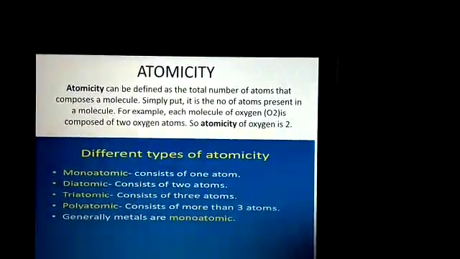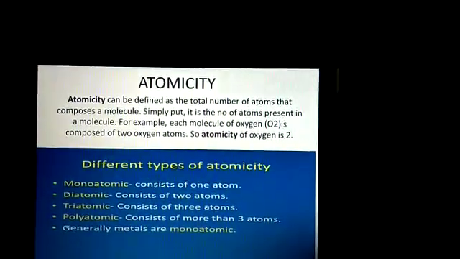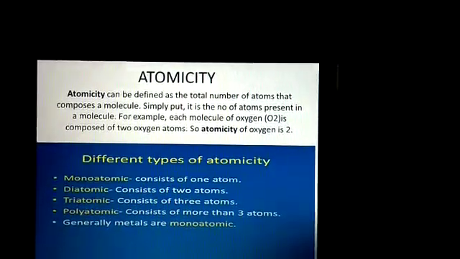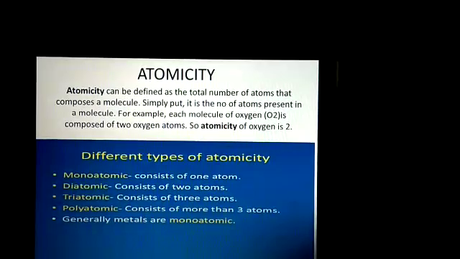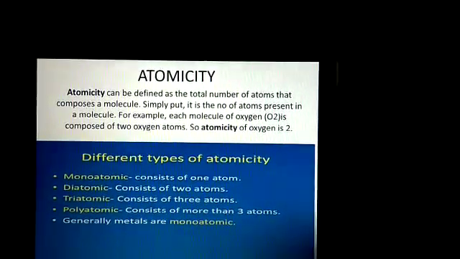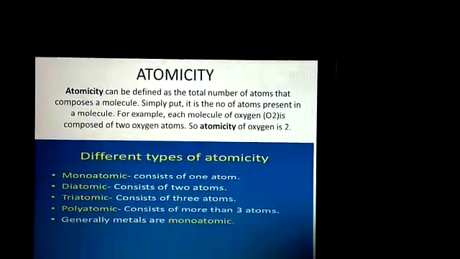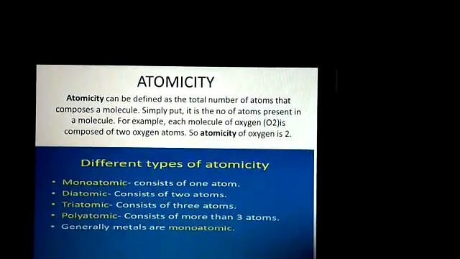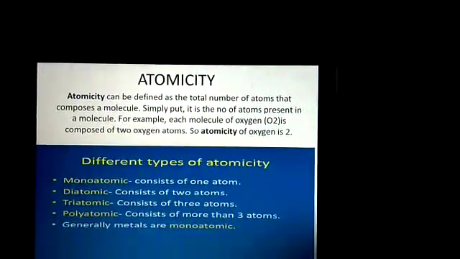For example, the molecule of oxygen, O2, is composed of two oxygen atoms, so its atomicity will be 2. Depending upon the number of atoms, molecules can be categorized into monoatomic, diatomic, triatomic and polyatomic.